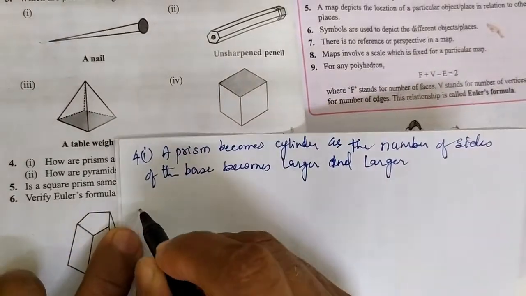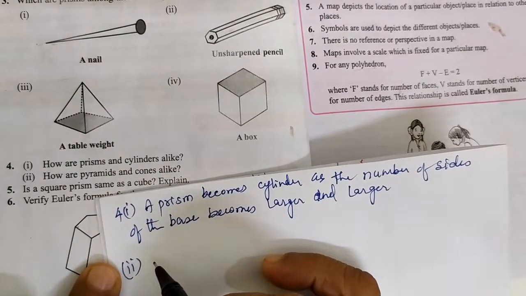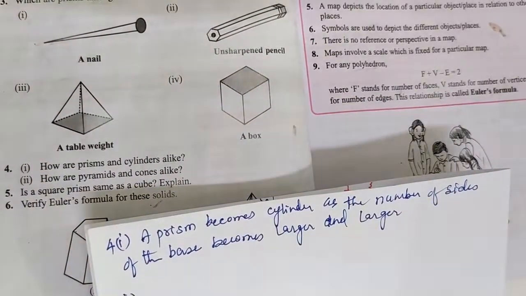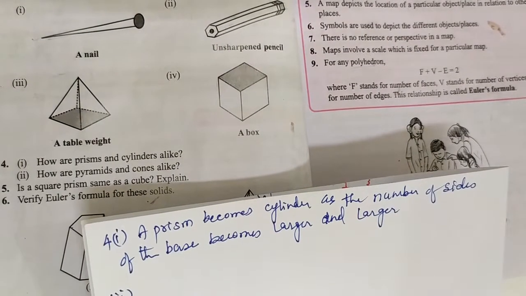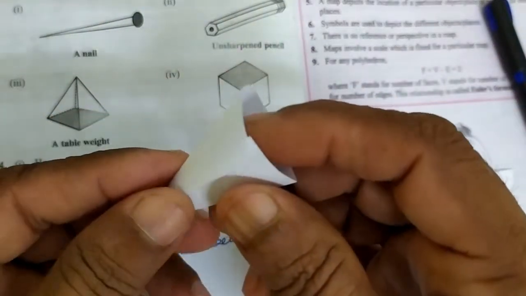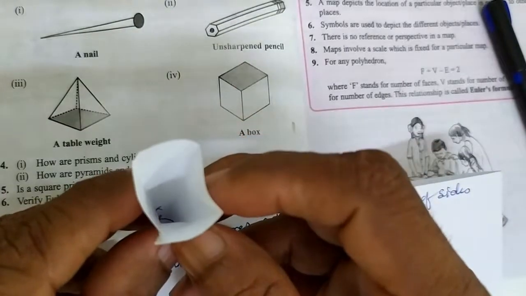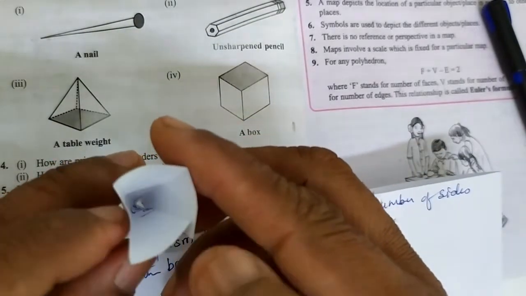And so also is the pyramid. You can see this pyramid, it has sides. How many? 4. Correct? 1, 2, 3, 4. You can see 4 sides are there.